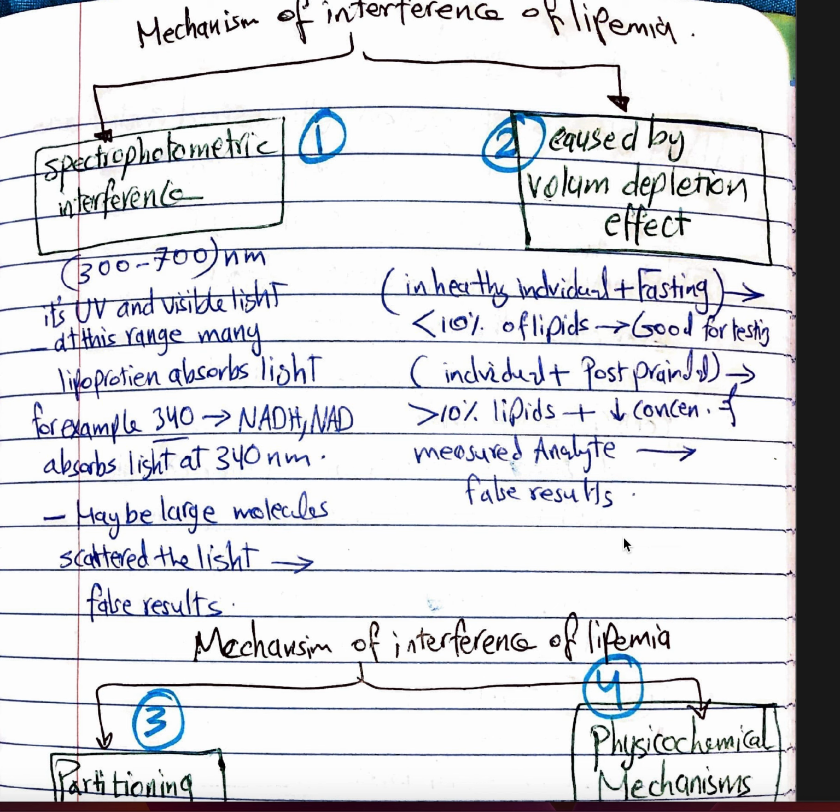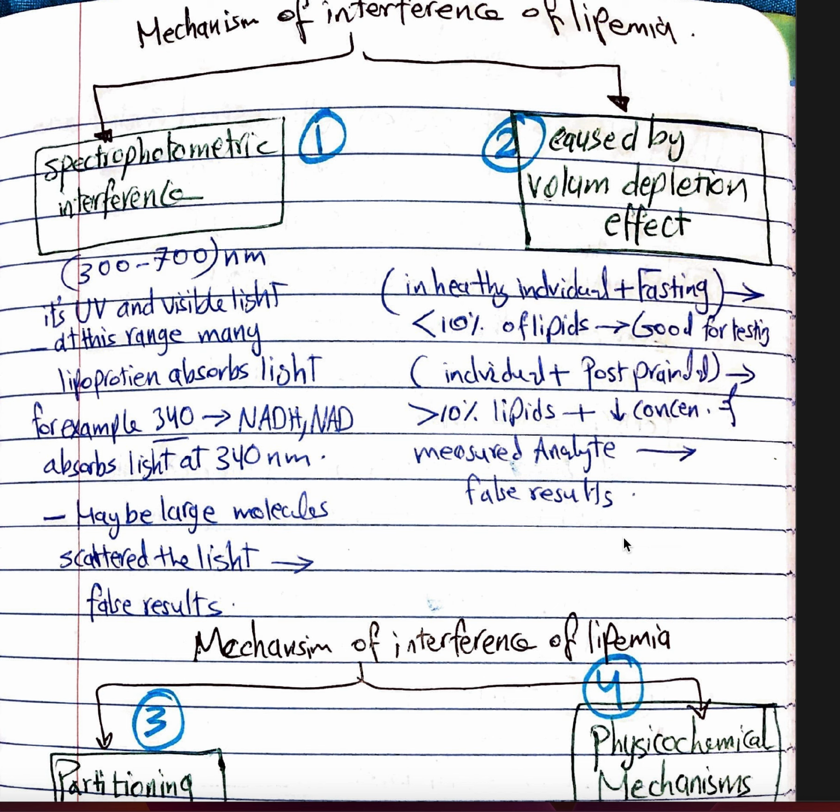Okay, you remember NADH and NAD positive? The absorption of light for NADH and NAD positive is at 340 nanometers. What does that mean? It is in the same range as the lipids. So the absorption of NADH and NAD positive is 340, but the absorption of the lipids is between 300 and 700, so that will lead to interference.